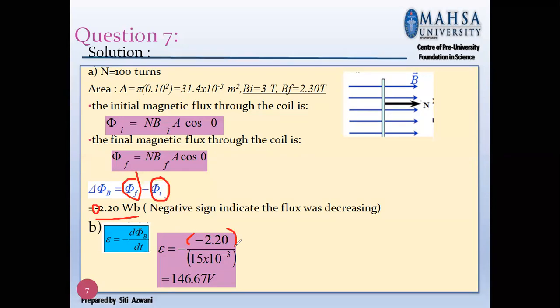Negative negative, then you got positive. So positive shows here the decreasing of the magnetic flux. You have a flux here decrease, so decreasing magnetic flux results in a positive induced EMF.